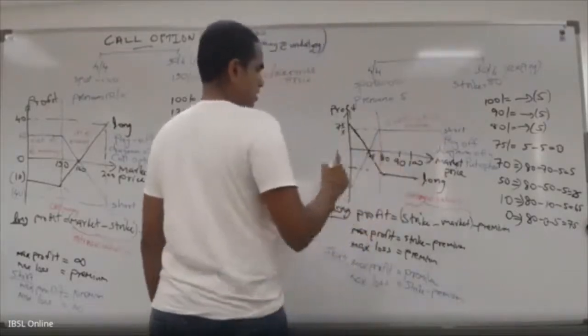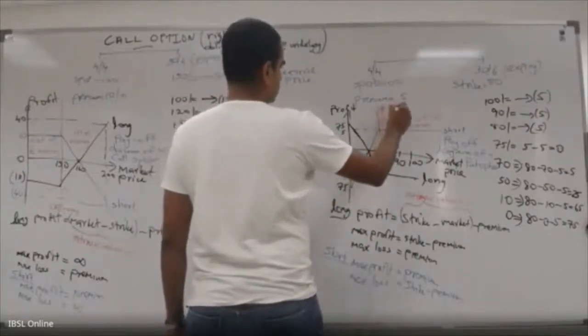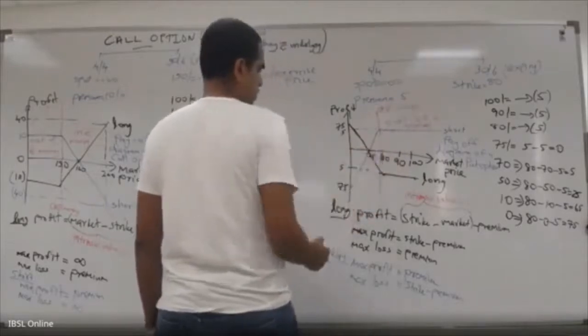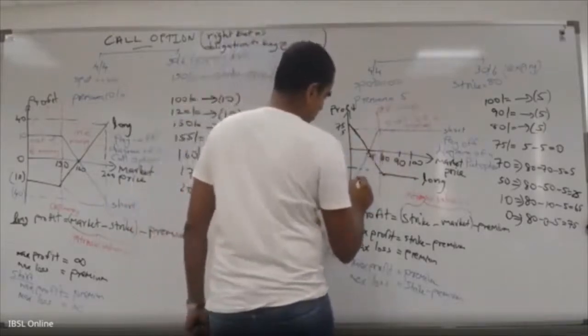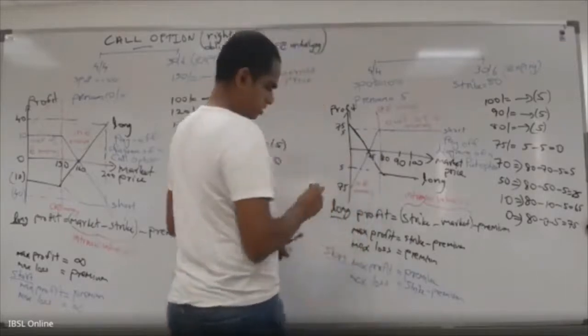Strike equal to market is at the money, and if the market is less than the strike, it is in the money. So these are the 3 regions.